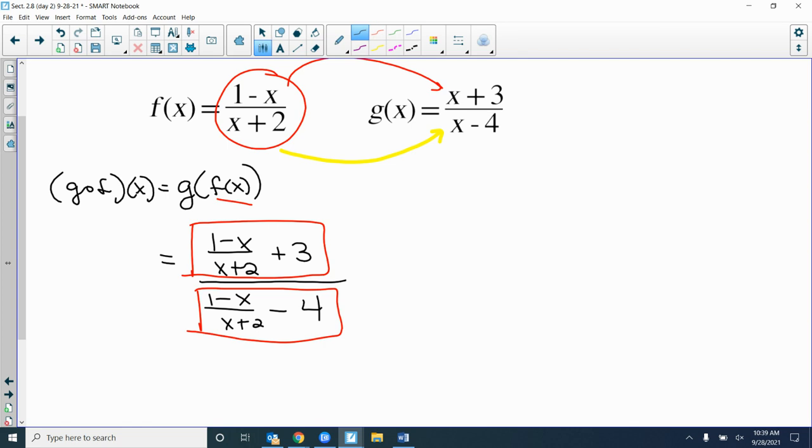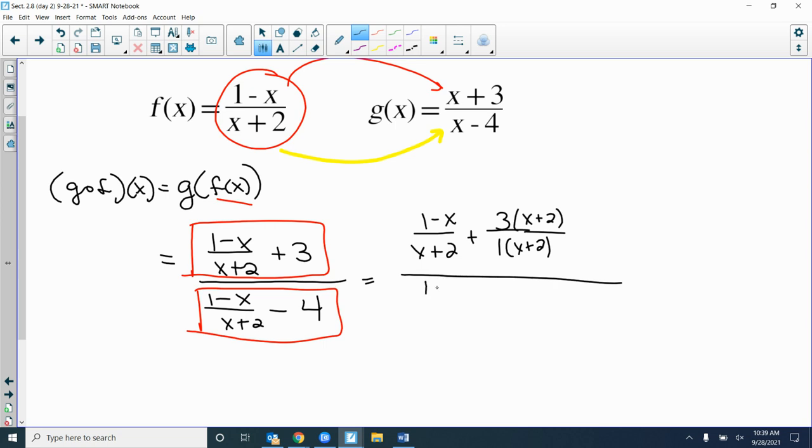All right, so she says this is like 3 over 1. Agreed, 100%. 1 minus x over x plus 2 plus 3 over 1. But I got to have a denominator of x plus 2. So if I add an x plus 2 to the bottom, I got to add an x plus 2 to the top. Now I'm going to do the same thing in the denominator.